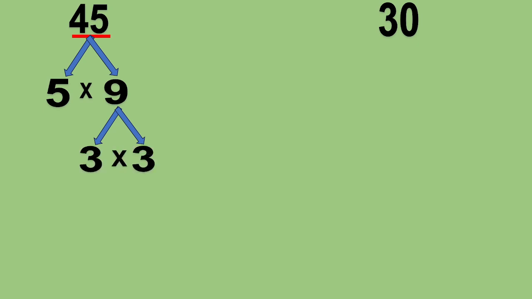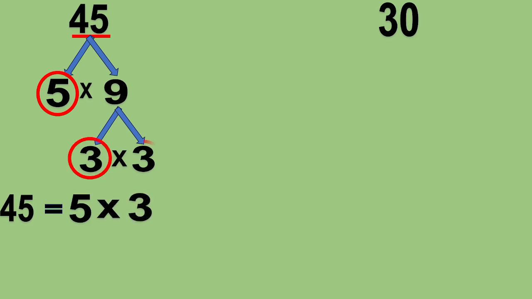Now, let's list the prime factors of 45. We have 5 times 3 times 3.